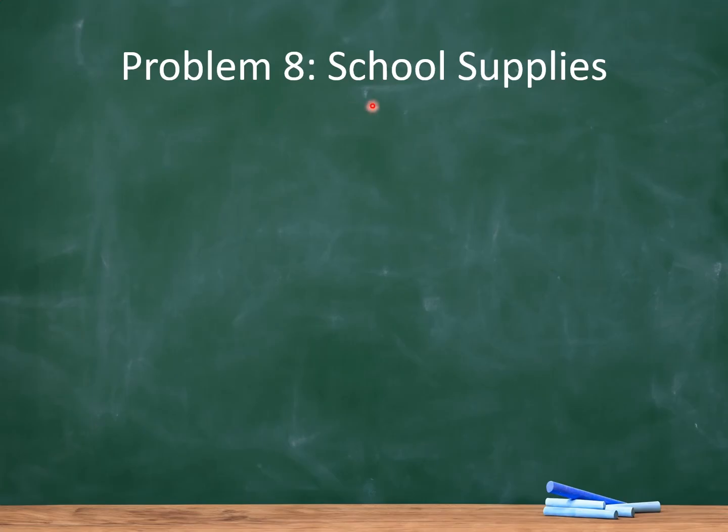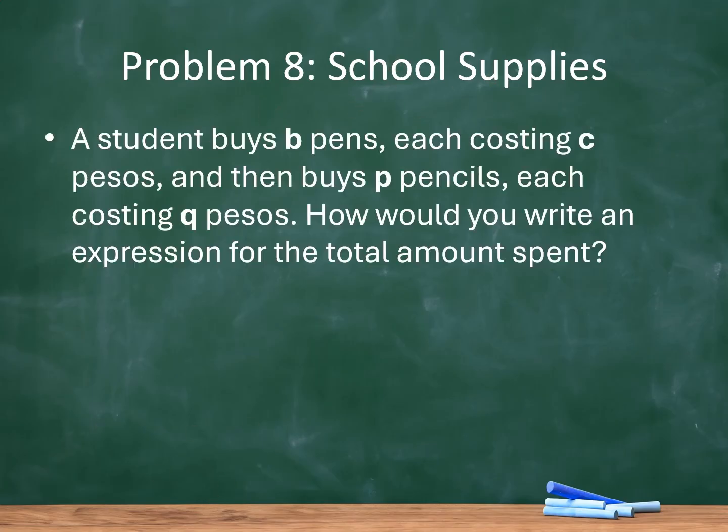Problem number 8 is on school supplies. A student buys B pens, each costing C pesos. We do not know how many pens the student bought, so we will use the variable b for that, and we do not know the price of each pen, so we will use c to represent the cost.